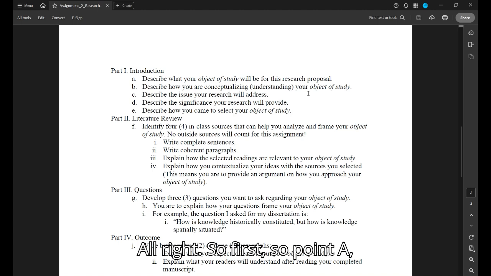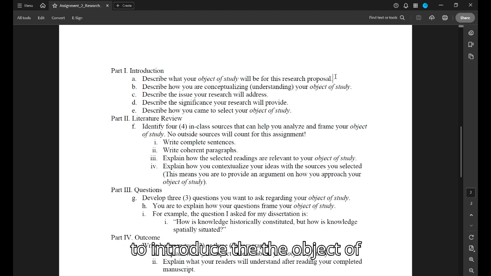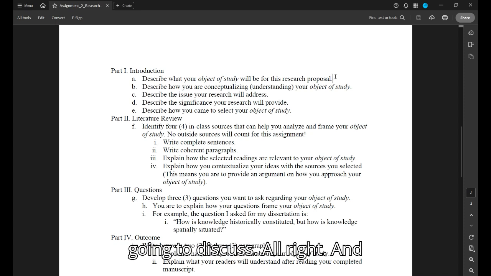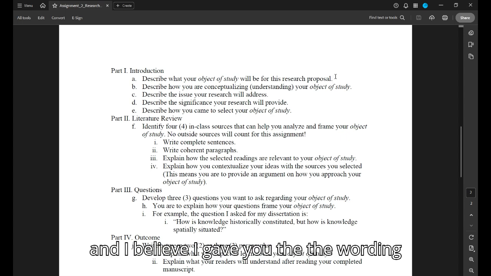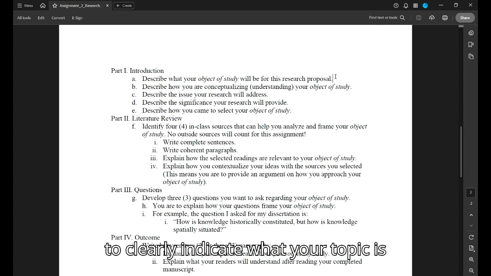Okay. So first, point A. As I mentioned in class before, the first sentence is just a way to introduce the object of study or the subject matter that you're going to discuss. I believe I gave you the wording for the first sentence to clearly indicate what your topic is going to be.